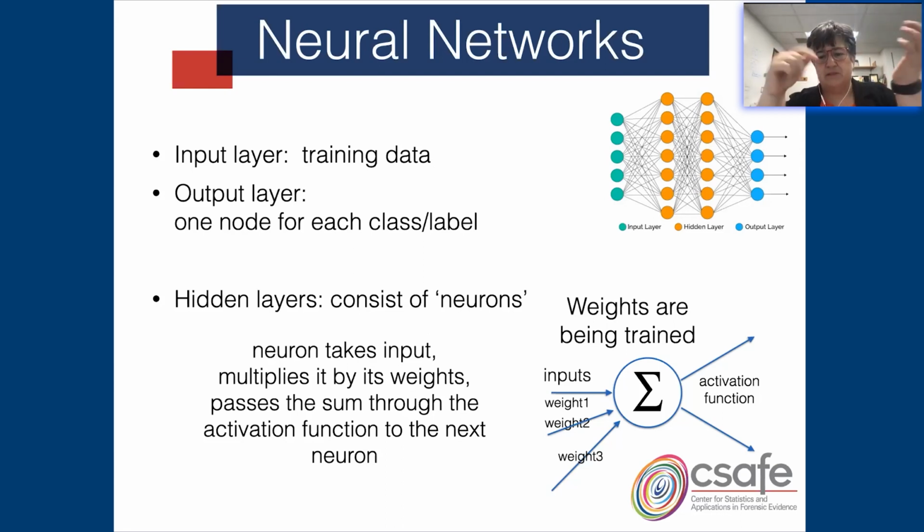So each input is being multiplied by its weight. Each neuron sums up all of the inputs, uses an activation function, and then sends the output along downstream to the next node.